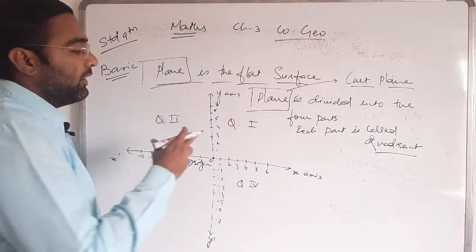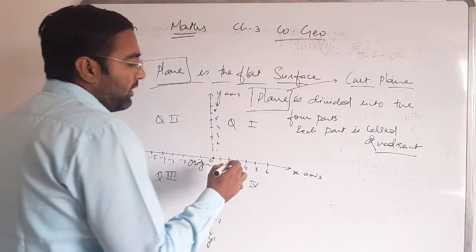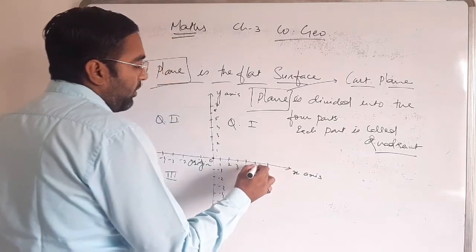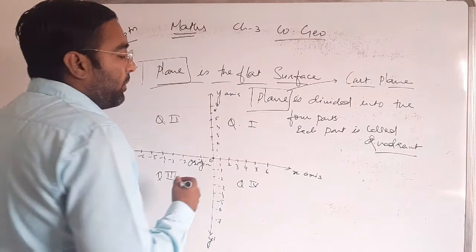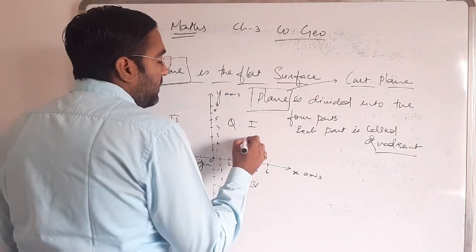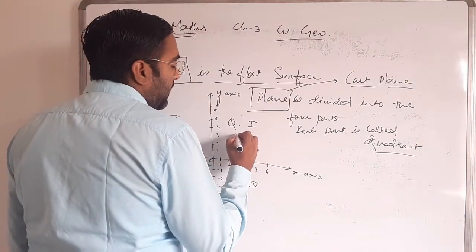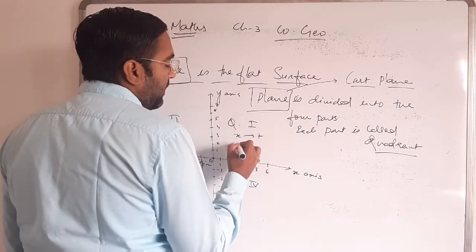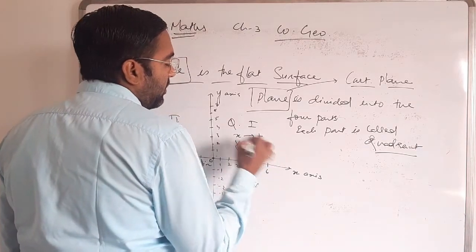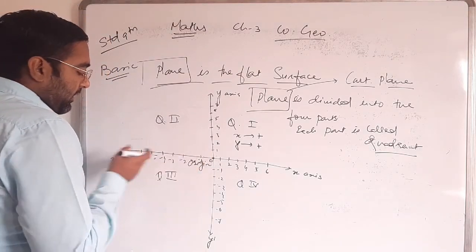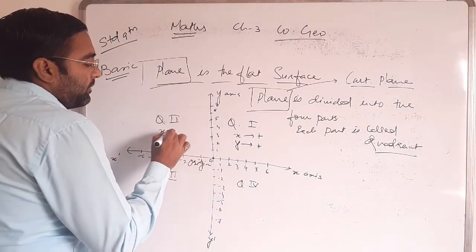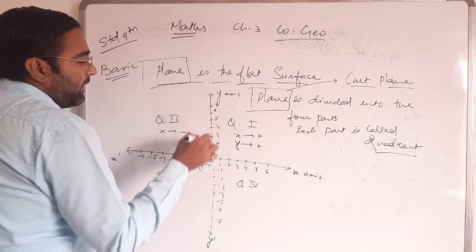Clear? So in the first quadrant, the value of x is positive, and the value of y is also positive. In the second quadrant, the value of x is negative and the value of y is positive.